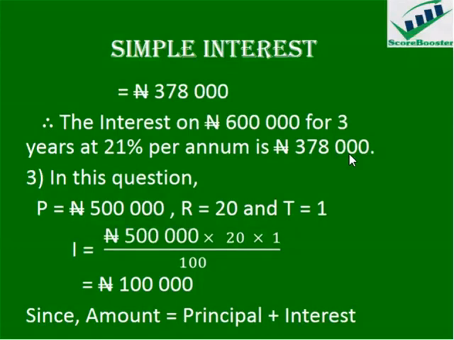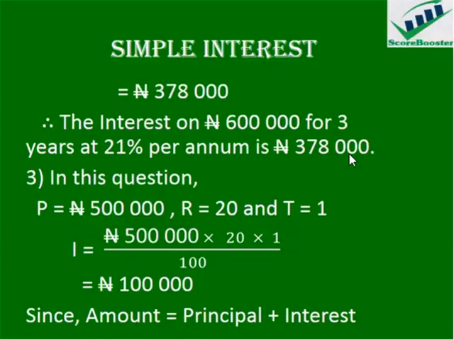That means whenever someone obtains a loan from any financial institution, when you want to return it, especially if it is on simple interest, you tell them you pay at a particular time, then you return the money you collected plus the interest. That's what you are going to return to them.